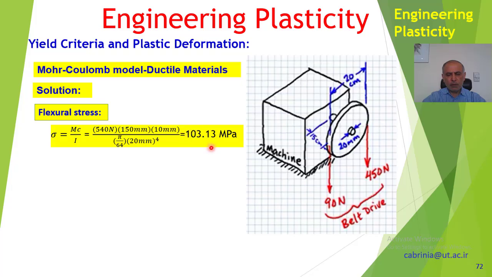So we get 103.13 megapascal for the stress applied at the cross section of the shaft.